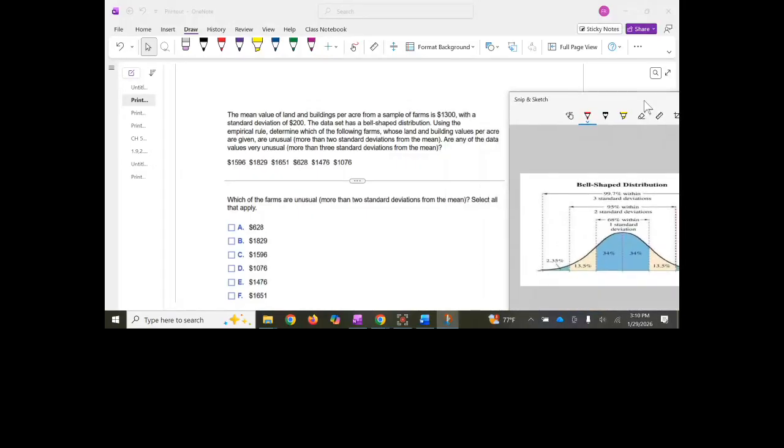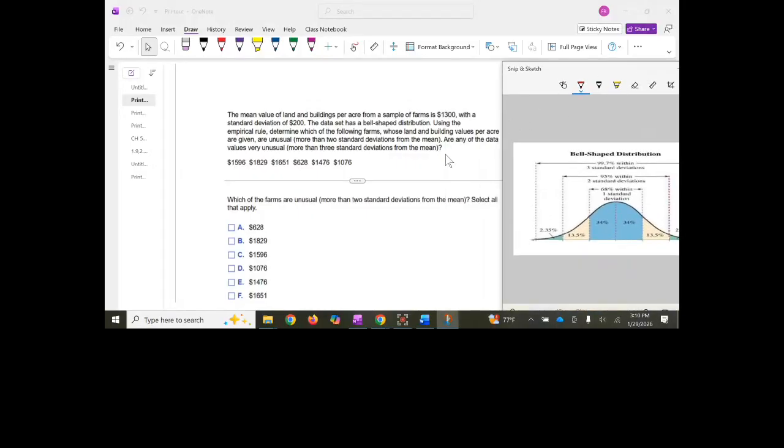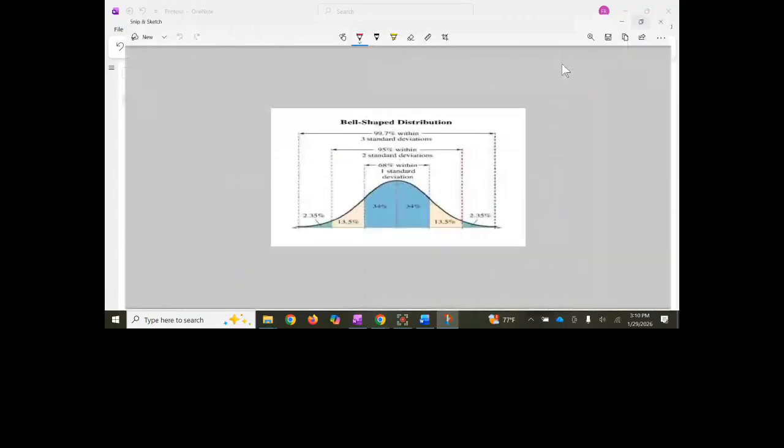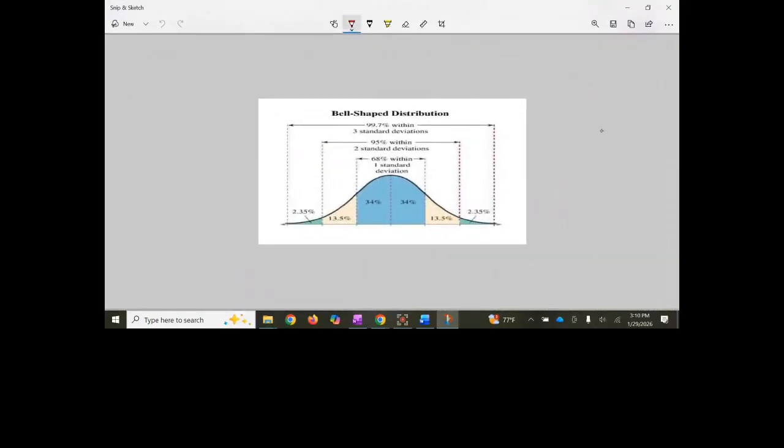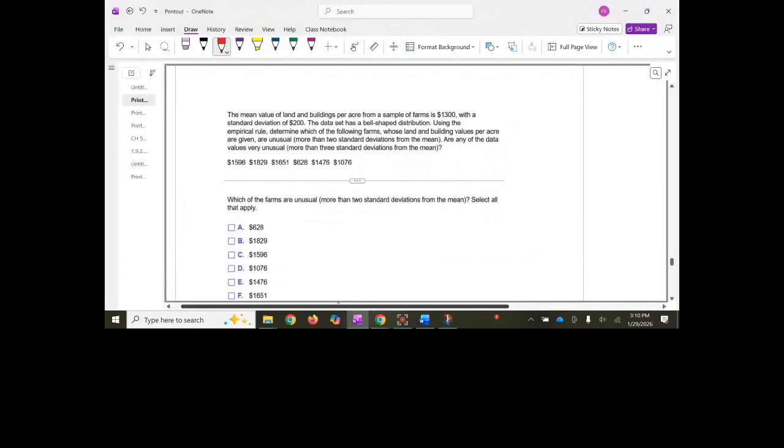Okay, so look at the problem, y'all. It says the mean value of land and buildings per acre from sample farms is 1,300. Okay, y'all, just like we've been doing before, I'm going to do this problem the same way we've been doing all the others. It said my X bar was 1,300. So right here, I'm going to write 1,300. What else do we know?